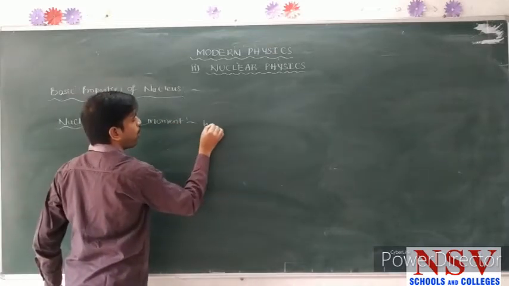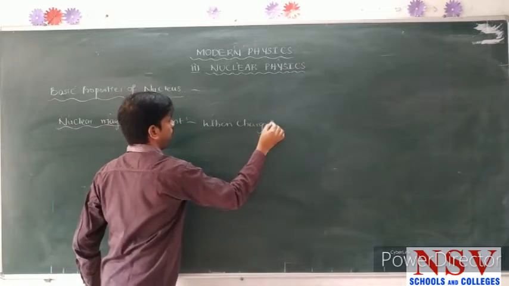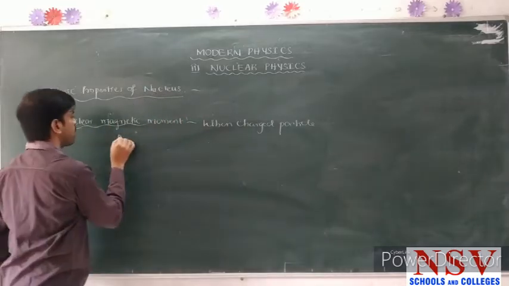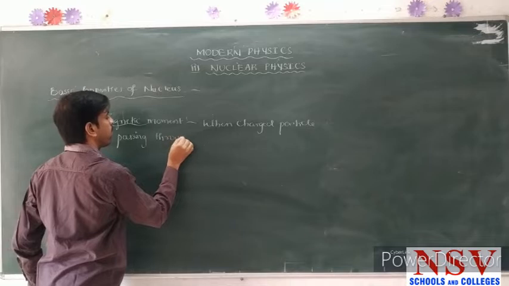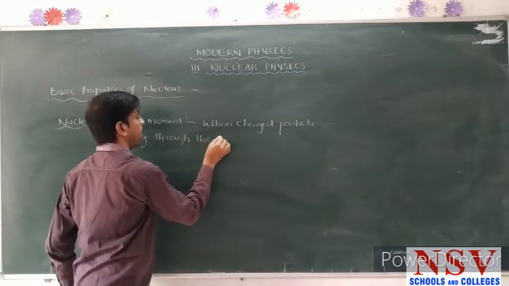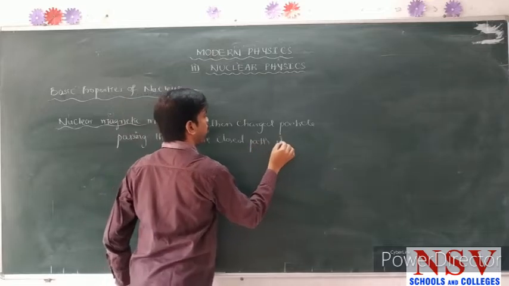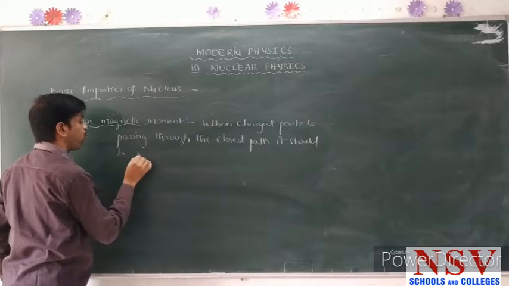When a charged particle passes through a closed path, it produces a magnetic field.